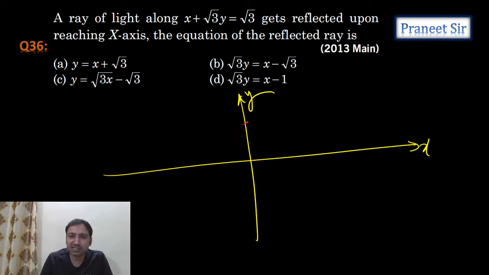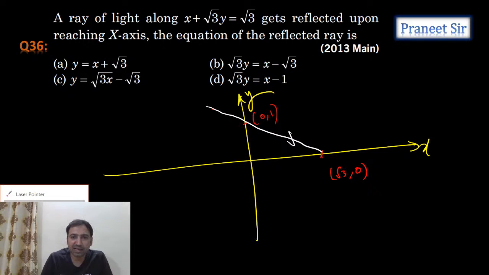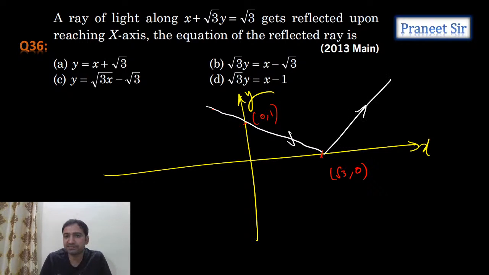The incident ray passes through the point (0, 1) and then (root 3, 0). So somewhere here is (root 3, 0). So the incident ray is coming like this, and it gets reflected on the x-axis.